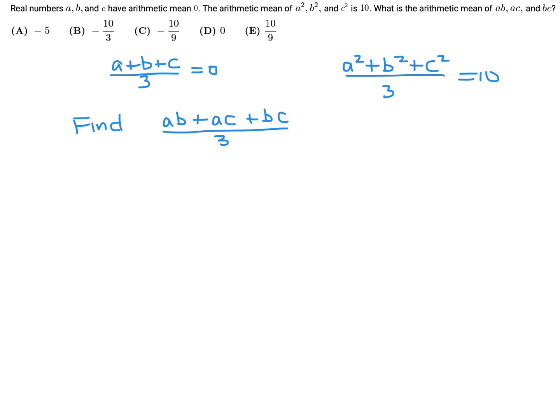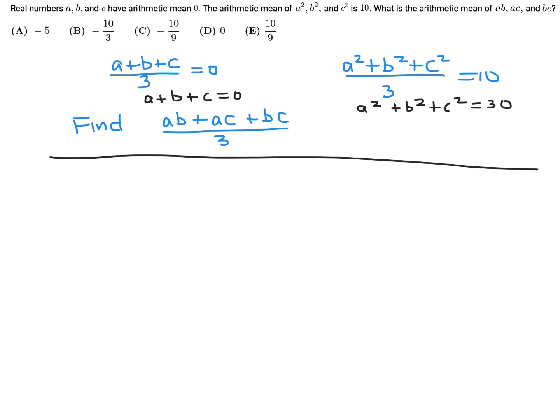All right, so from the first equation, I get that A plus B plus C is 0 when you just multiply through by 3. And from this equation, you get that A squared plus B squared plus C squared is 30 when you multiply through by 3 there. And I'm not sure if that helps in any way, but I guess we'll go from there.